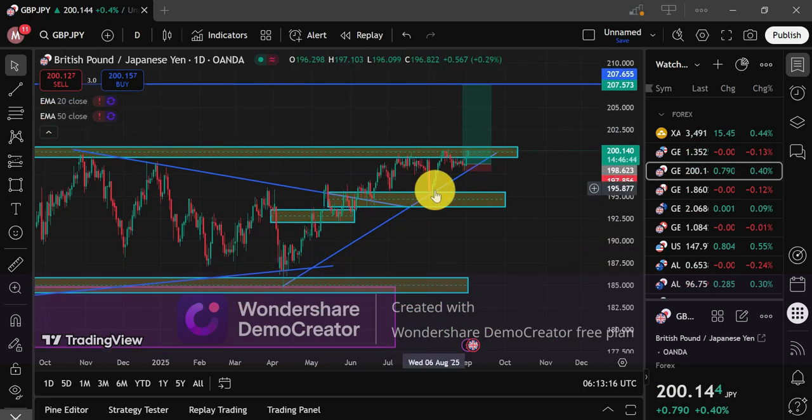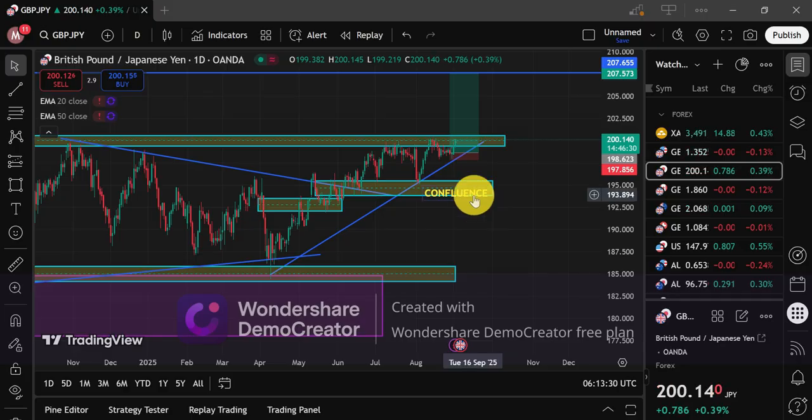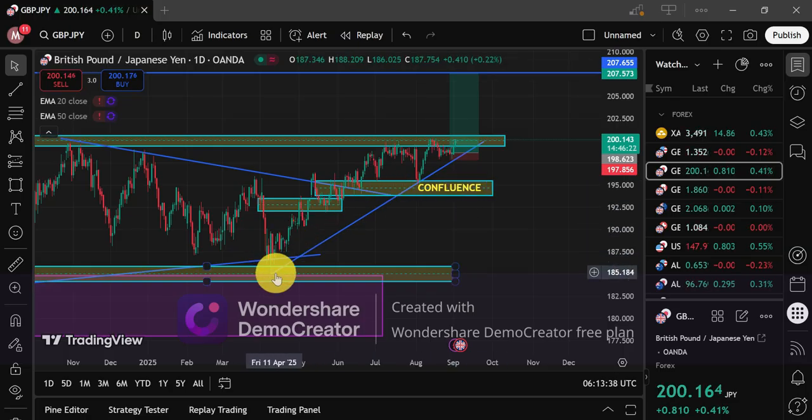Now, at this point, which happens to be what I call confluence. Confluence is when you have multiple confirmations on your trade. For this confluence, for instance, as you can see, I have a retest of this trend line.